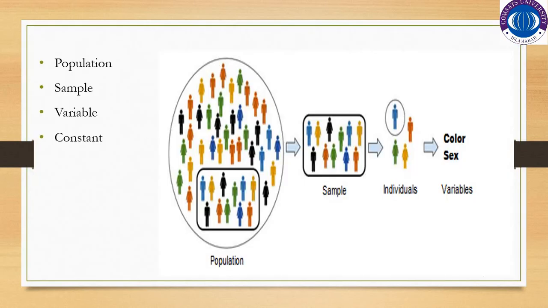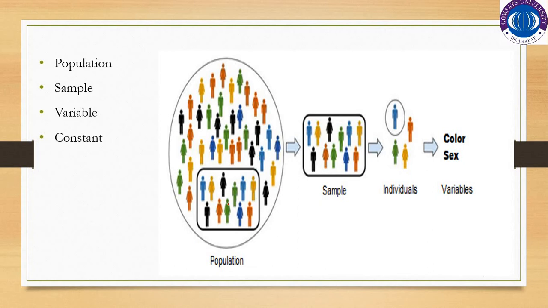Population. A complete list of all the species is called the population. So let's suppose this is the population. All the individuals in this round circle are the population. You can see from here that they have different colors and they are male and female as well.